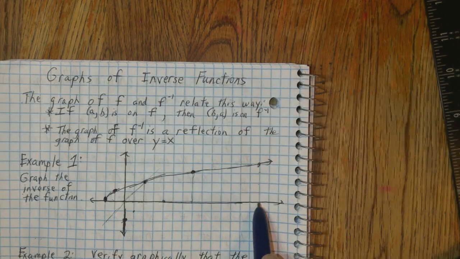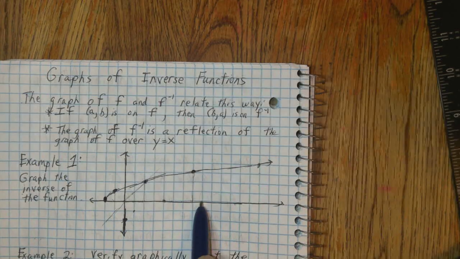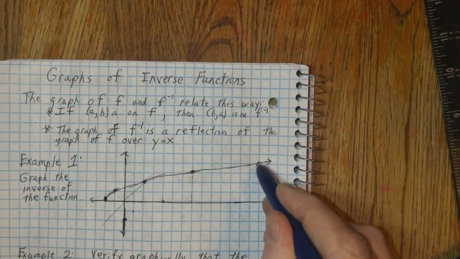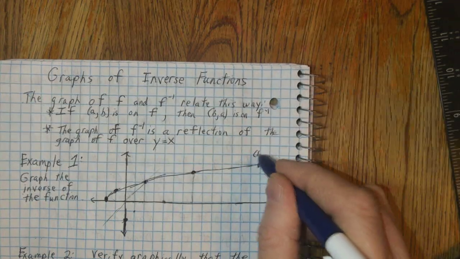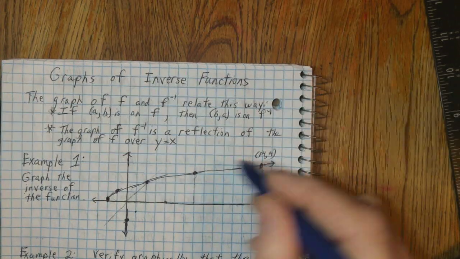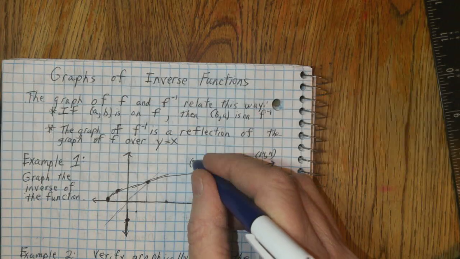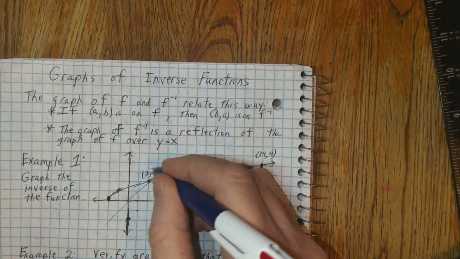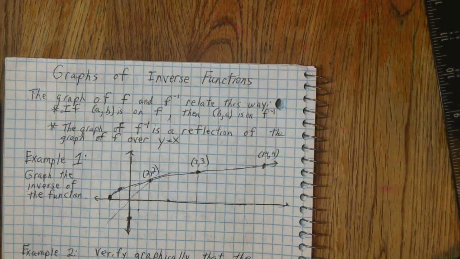And this, I believe, is 14, 4. 8, 9, 10, 11, 12, 13, 14, 4. I may just write that down there. And this was 7, 3. This was 2, 2. Okay, this curve is a function.